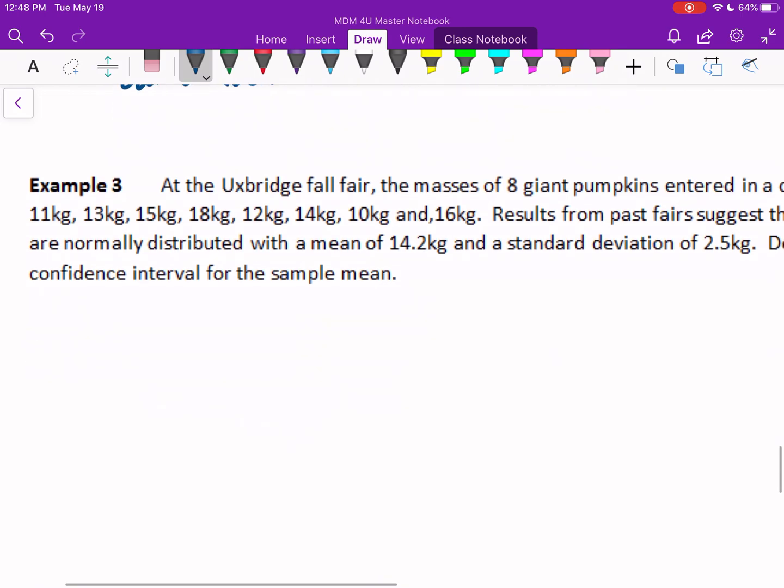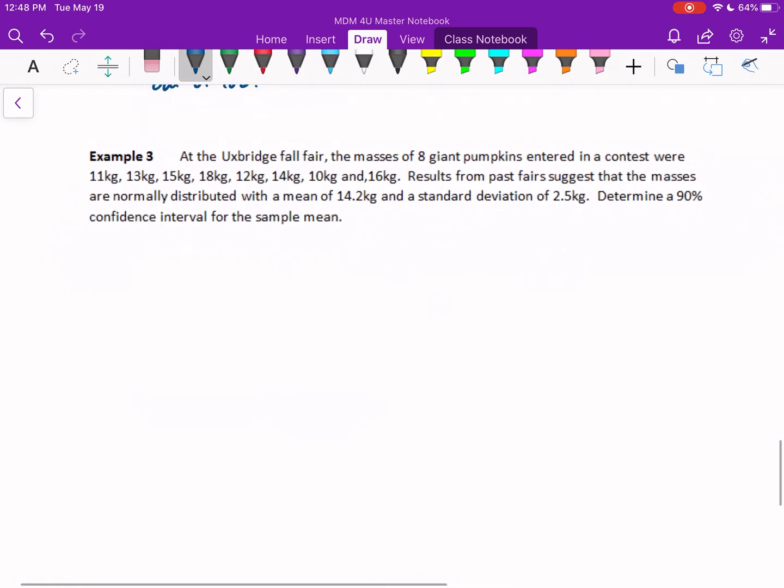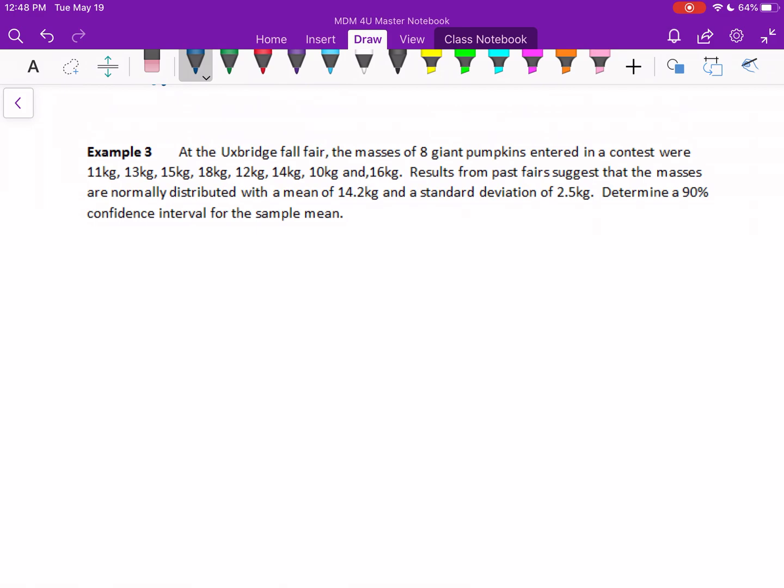Last example, this is going to be one that involves the second formula, because, skipping ahead, you can see it's giving us a standard deviation. But let's backtrack to what it actually says. At the Uxbridge Fall Fair, masses of 8 giant pumpkins entered in a contest were as given.